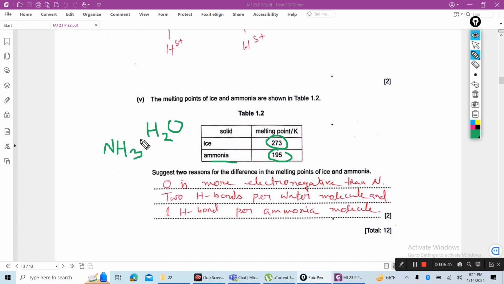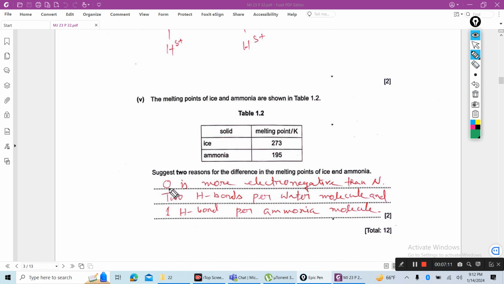So ammonia and water molecules both can form hydrogen bonds, but the ice melting point is larger than ammonia. Now the question is asking, suggest two reasons for the difference in the melting points of ice and ammonia.